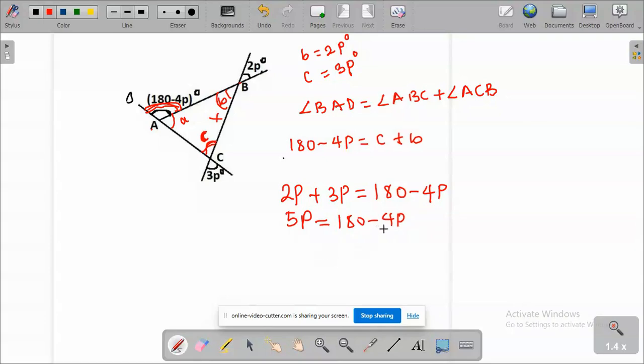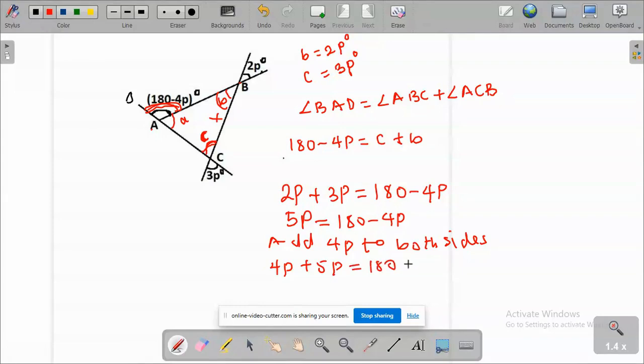Now this is a simple equation. For us to solve this, we have to collect like terms, and in order to do that, we just add 4p to both sides. So if you do that, this is 4p plus 5p is equal to 180 minus 4p plus 4p.